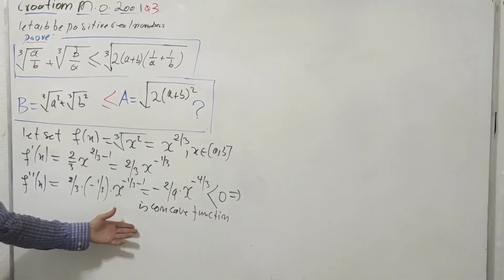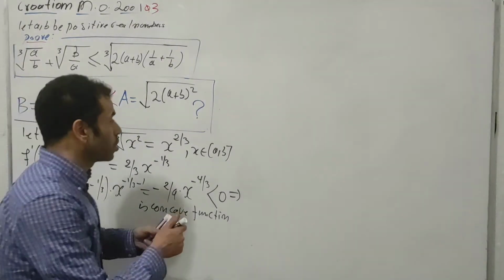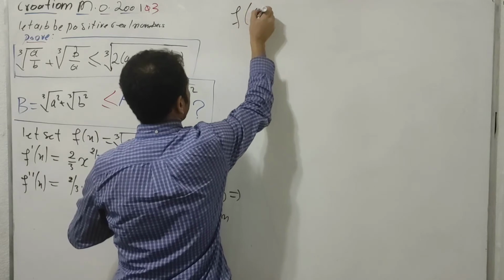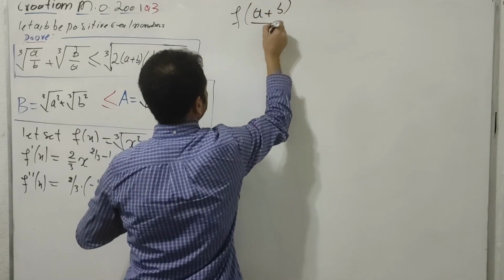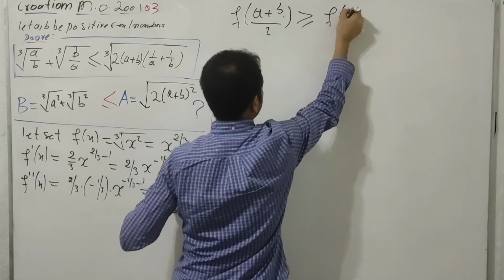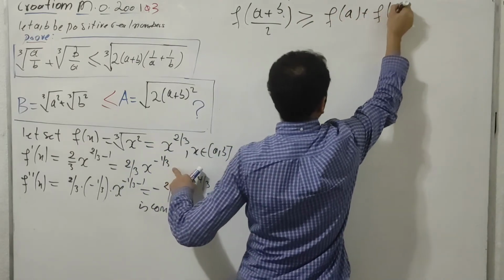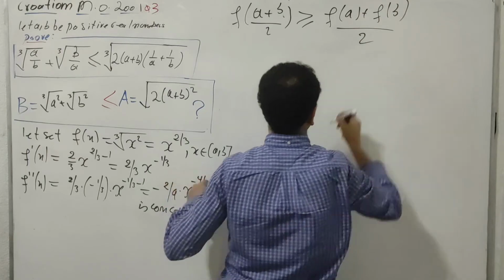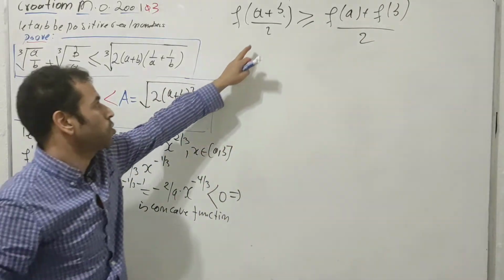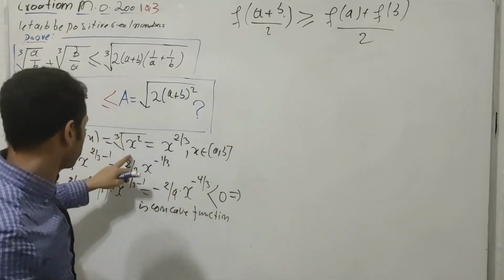Okay, now I'm going to apply the concave function rule. On this interval we have f of (a plus b) divided by 2, as an average, is greater than or equal to (f of a plus f of b) divided by 2, as an average as well. So I'm going to replace this into this function.